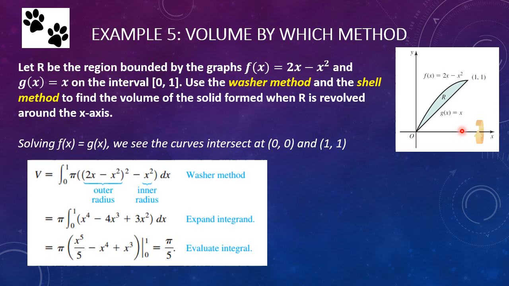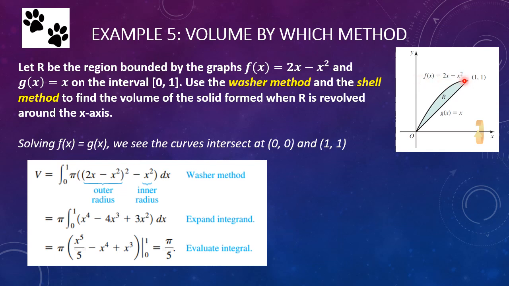Now, if we are using the shell method, then we are looking for the circumference of the circle when it revolves around, and so we're measuring that from the y-axis.